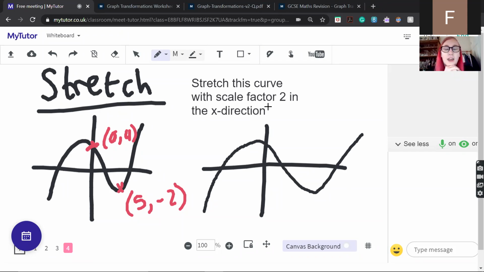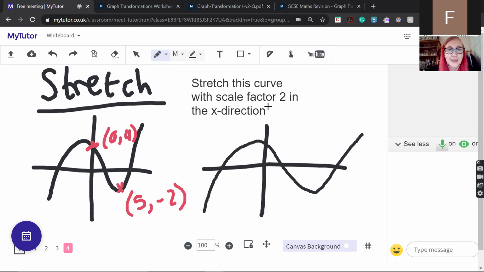Basically, let me just make sure that what I'm saying is right, that all of our x's have stretched. I just want to make sure I'm saying it right before I tell you everything.